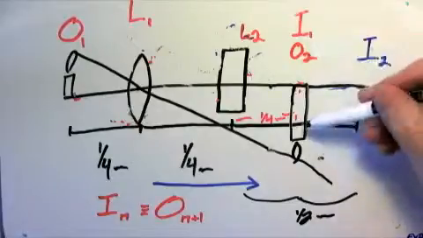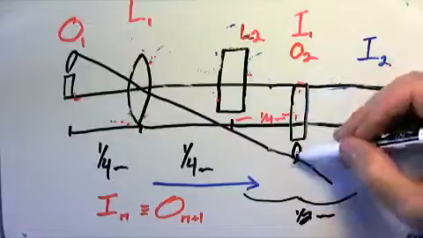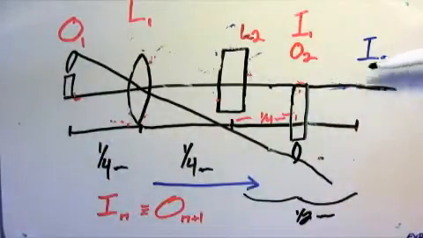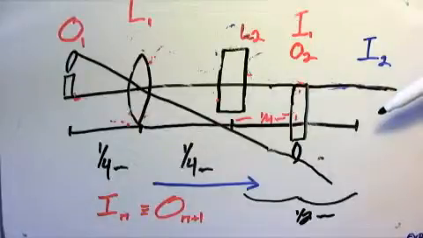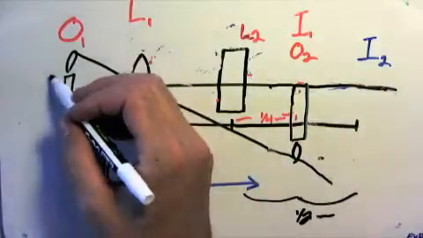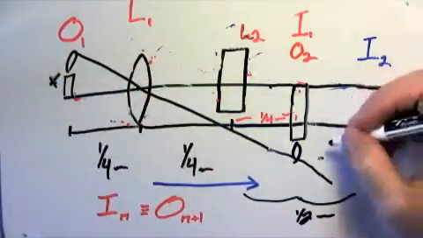Okay, image 1, inverted or upright? Well, I think it's pretty clear that it's inverted. Object 1 being upright here. Number 2, the relative size. If this is height x, then what is image number 1?